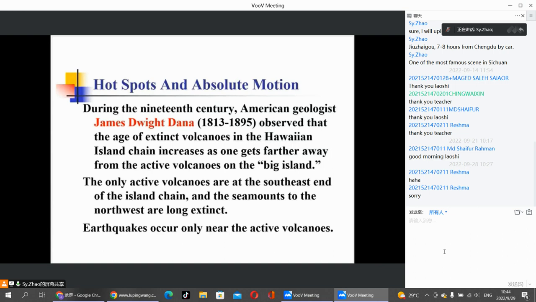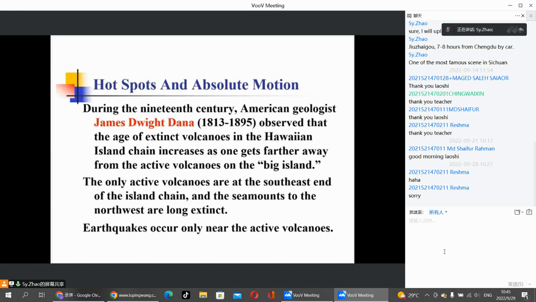Hawaii is a typical oceanic hotspot in the Pacific Ocean. During the 19th century, American geologist James Dwight Dana observed that the age of the extinct volcanoes in the Hawaii island chain increases as one gets farther away from the active volcanoes on the Big Island.